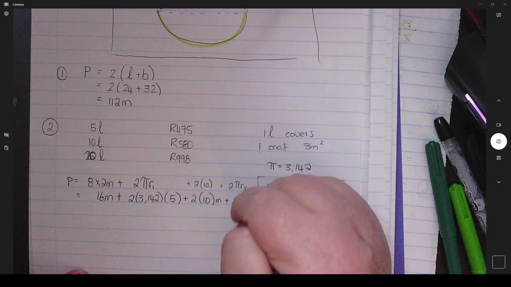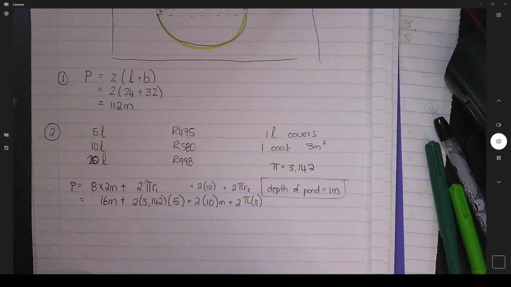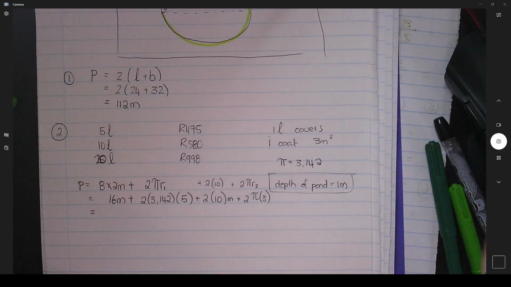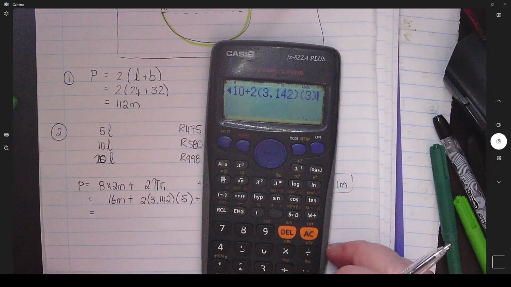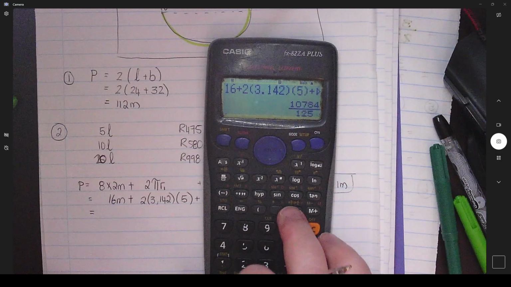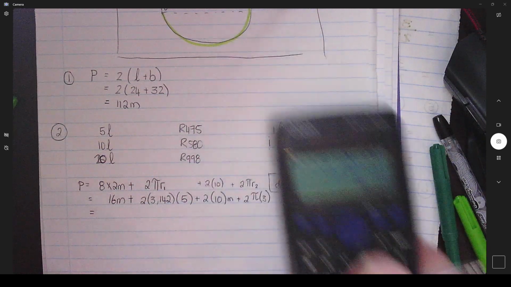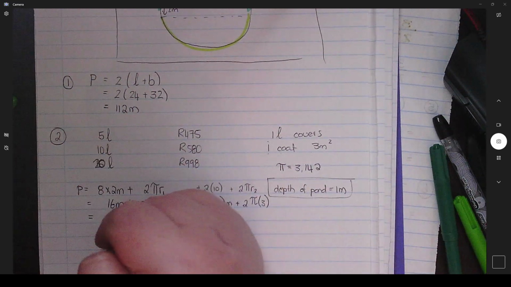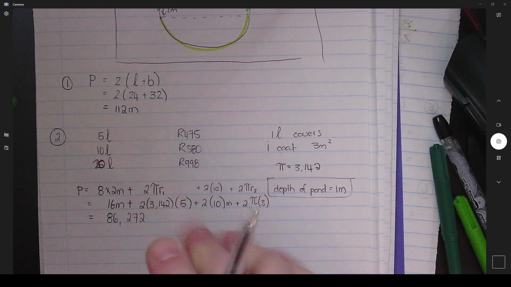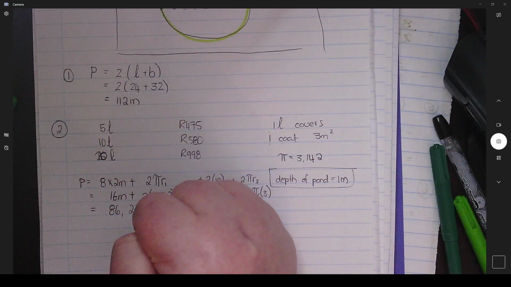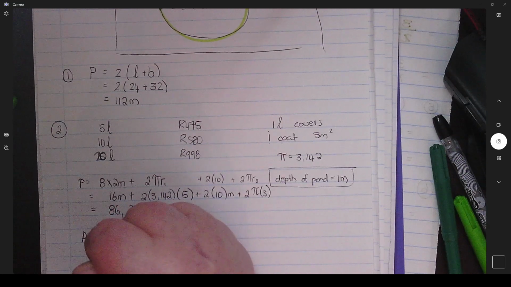So it's pi times that 3 meter disk. Alright, I'm going to type that into my calculator. I've typed it into my calculator. That gives us a perimeter of 86,272 meters.